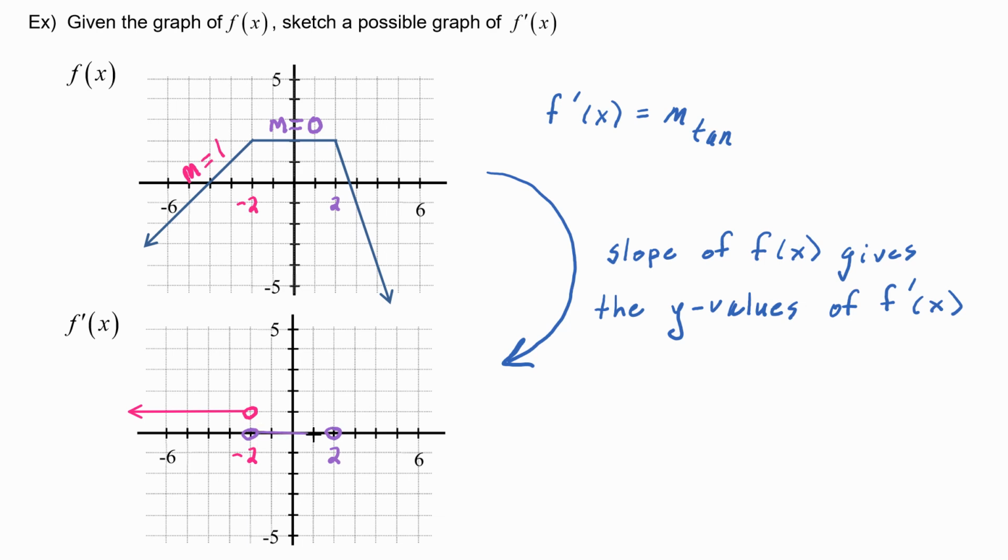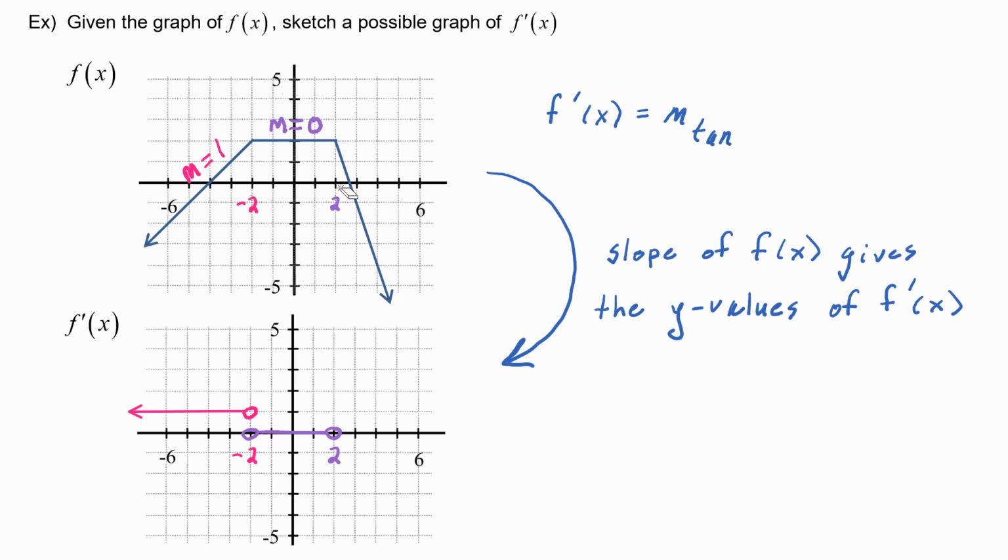And then in between there, the y values are all 0. So once again, the slope of f of x gives the y values of f prime. Since the slope of f is 0 from negative 2 to 2, the y values of f prime have to be 0 from negative 2 to 2.